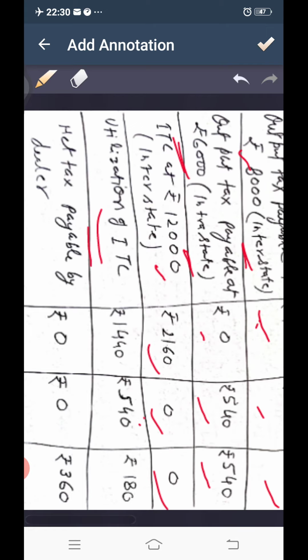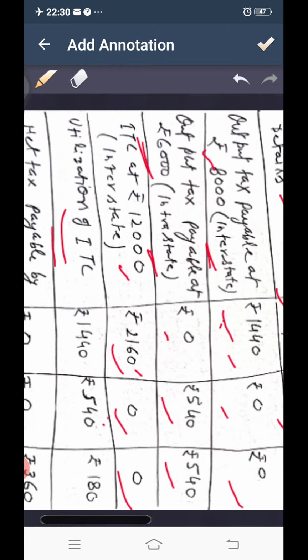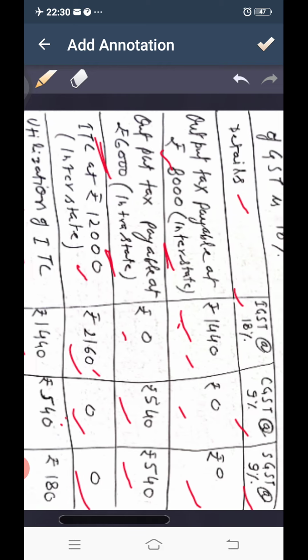Now how to use? You see that here output tax is 1440, input tax is 2160. So our input tax is more than output, so we pay only output tax. It means we have to pay IGST, that is 1440 rupees. Then remaining, how much is left?